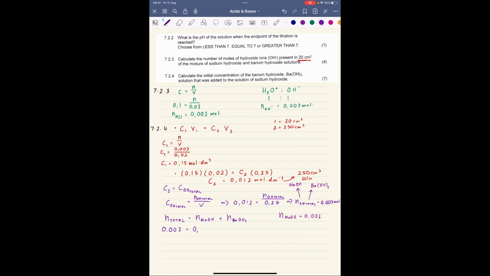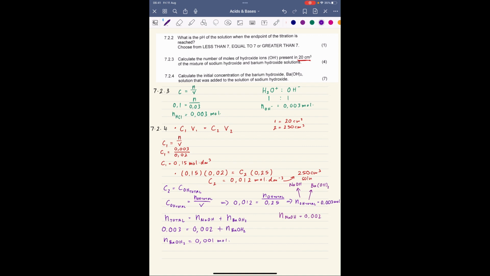Our NaOH is 0.02 plus Ba(OH)2, or barium hydroxide. So our moles of barium hydroxide, when we solve for it by subtracting the NaOH from the total, we get 0.01 moles of Ba(OH)2.